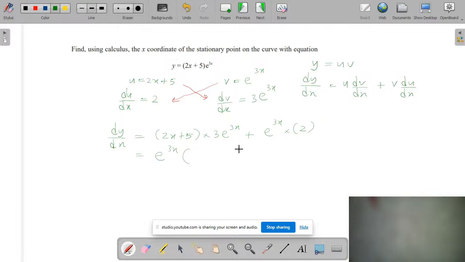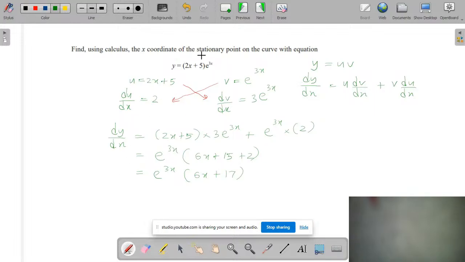Then 3 times 2x plus 5 is 6x plus 15, and with e to the power 3x taken out, 2 is remaining. 15 plus 2 becomes 17.